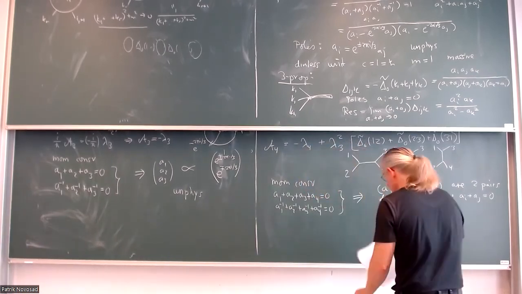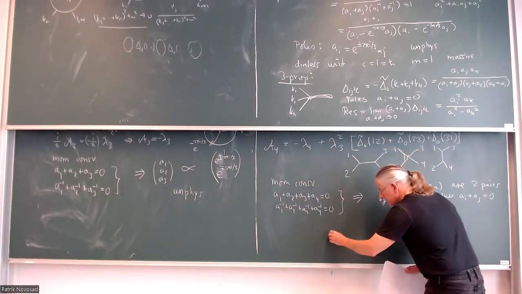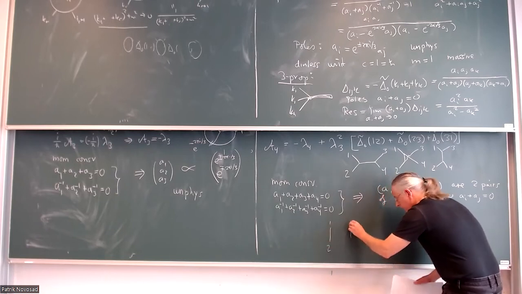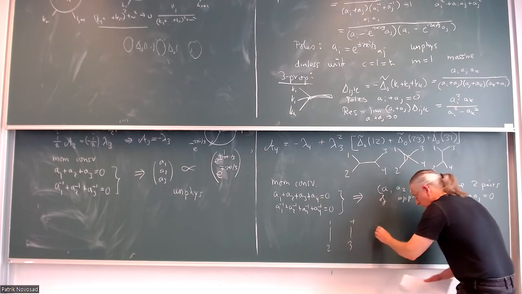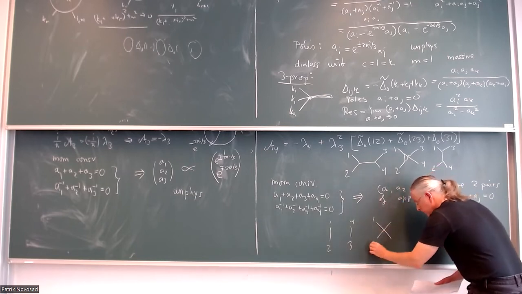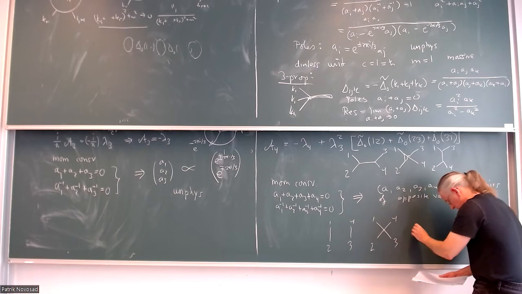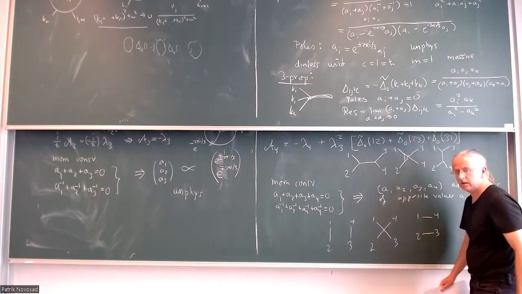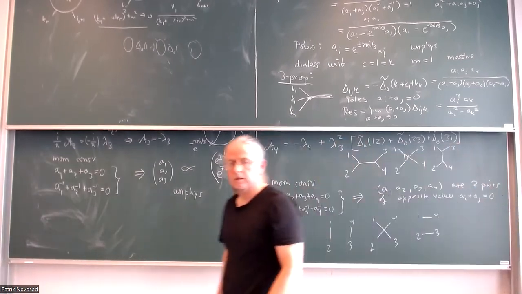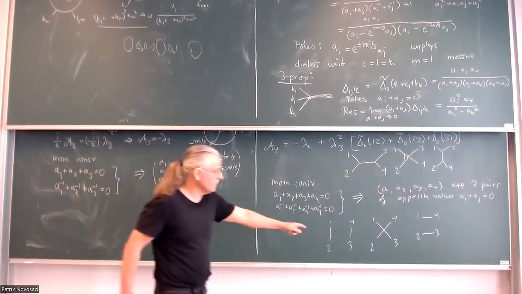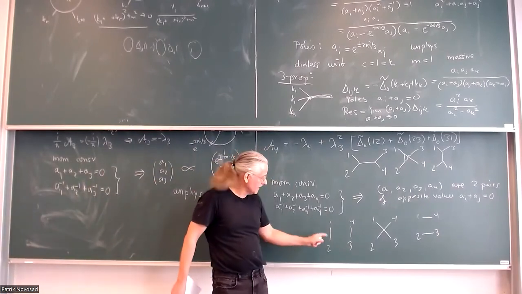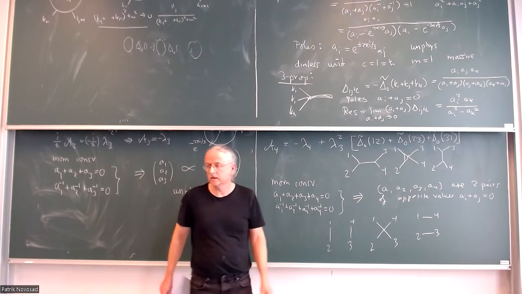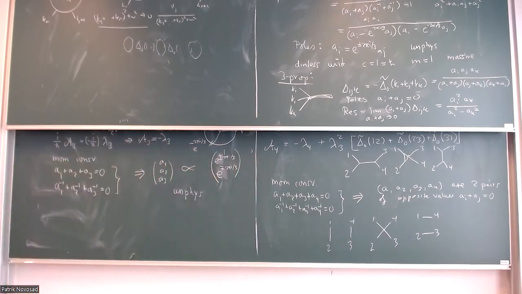So it turns out that momentum-wise, you have something like 1, 2, 4, 3, or 1, 2, 4, 3, or 1, 4, 2, 3. Make sense? By this, I don't mean Feynman diagrams. Here it just means that the particles 1 and 2 have opposite momentum and so on.